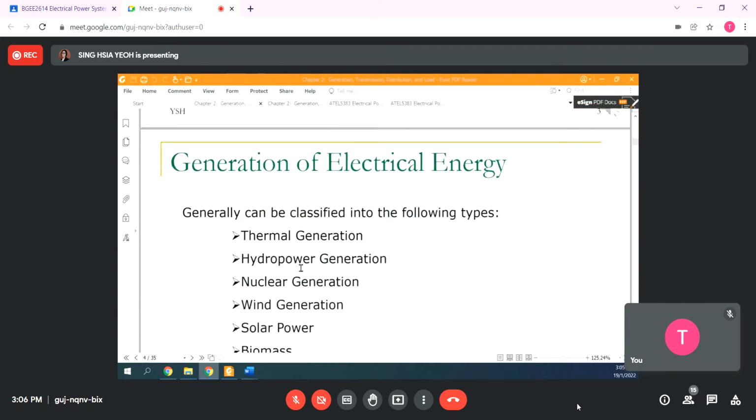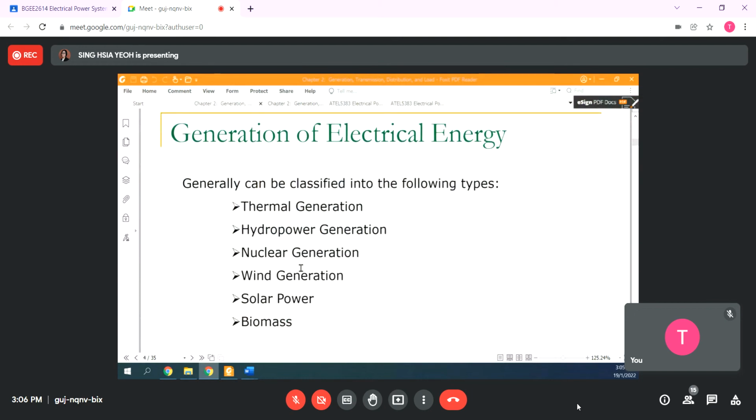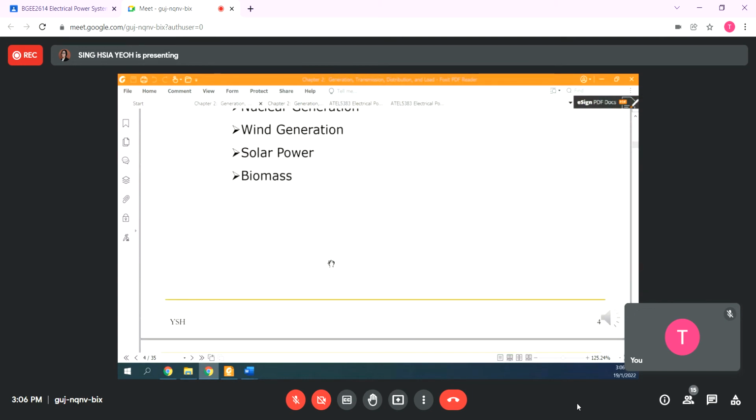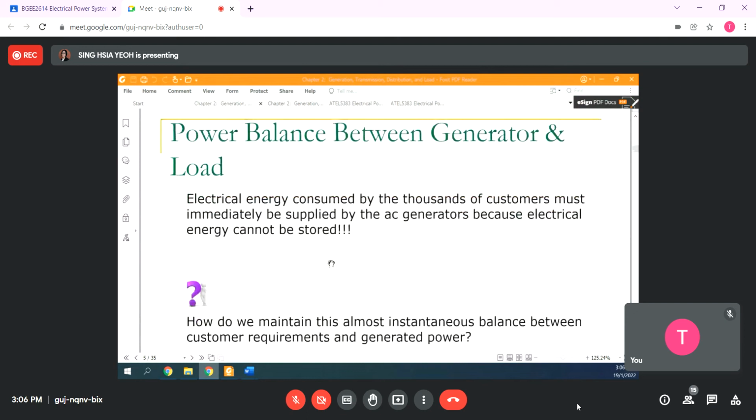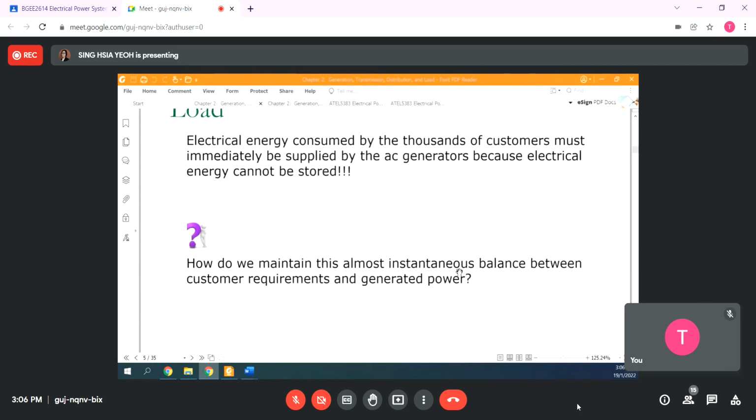Then for the generation of electricity, you have a few types of electrical power plant. Normally there are questions sometimes when you ask, how do you maintain the almost instantaneous balance between customer requirement and generated power? So what does it mean?